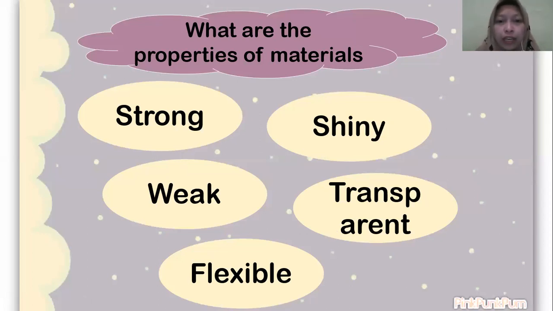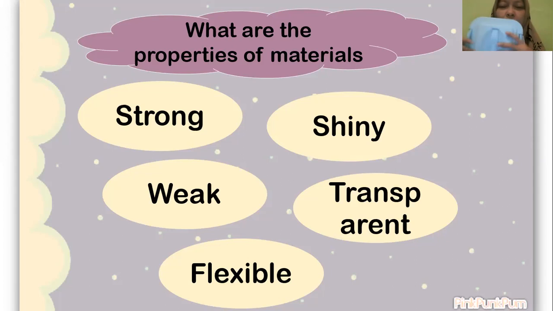If I give you an example, I have it here. This material is made from plastic, and if we want to know its properties, it is strong, like this.